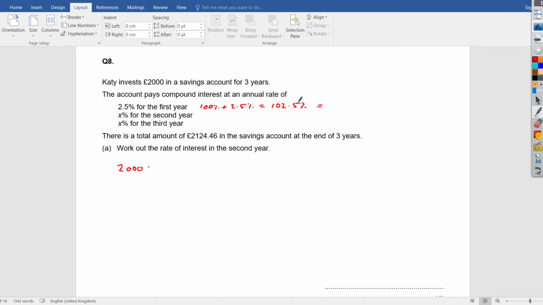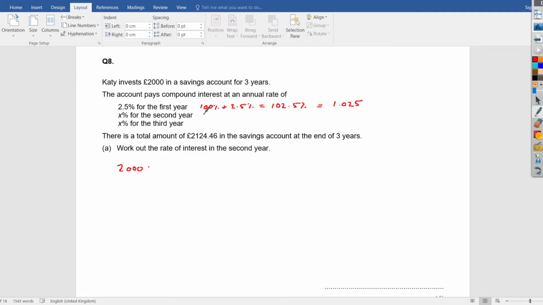As a decimal multiplier, divide that by 100, and you get 1.025. That will be the multiplier. Percentages are over 100, so divide by 100 to get a multiplier.